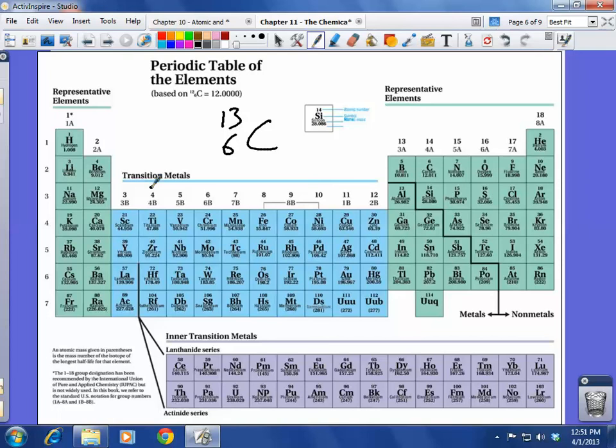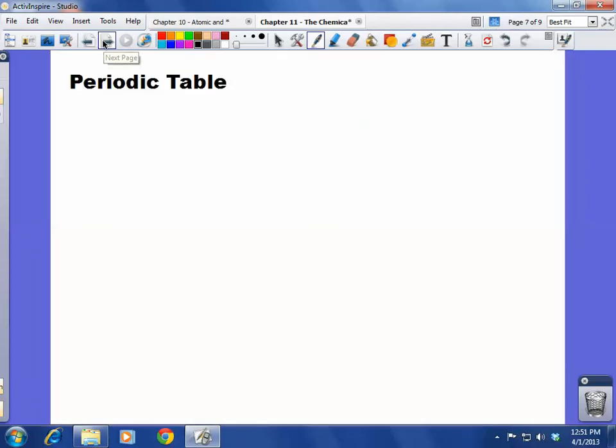And so one of the first things we can get from the periodic table is we can start to think a little bit more about the electrons. Because I know right away, if I look at the periodic table, I have the atomic number, which tells us in a neutral atom how many electrons I have.